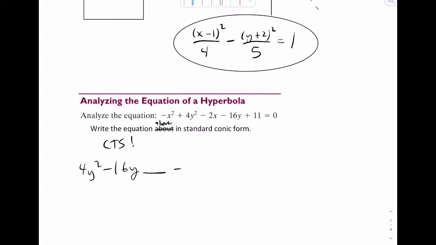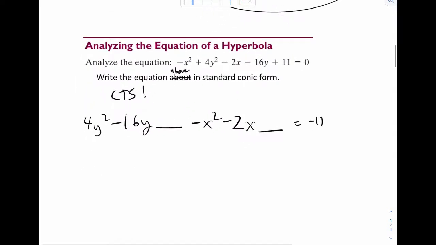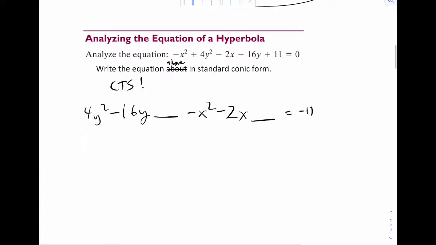Now I have minus x squared minus 2x, blank, and that equals, let's move this 11, so that would be negative 11. Now let's complete the square, and we've got a few algebra tricks here. We'll factor the 4 out, so that would be minus 4y. So I know that I need a plus 4 here, but when you multiply it back in, that's actually a plus 16. So I've got to do plus 16 here.